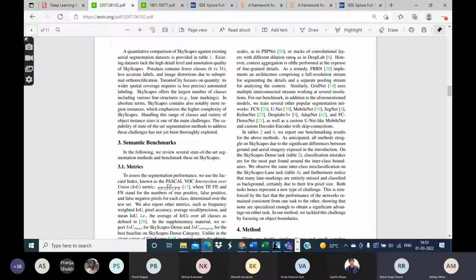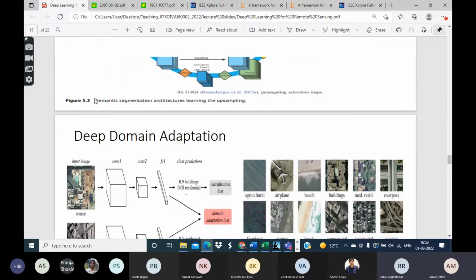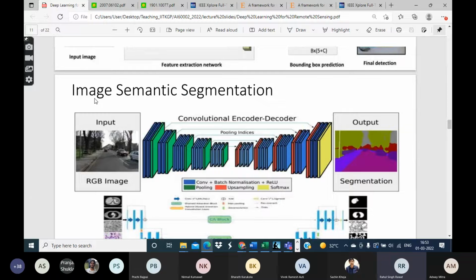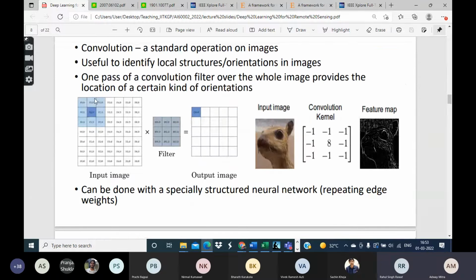Dilation rates refer to the filter with which they do the convolution. Basically what it does is a dilation of the image. As you can see, this 3 cross 3 filter focuses on 3 cross 3, that is a total of 9 pixels, and replaces it by only 1 pixel.